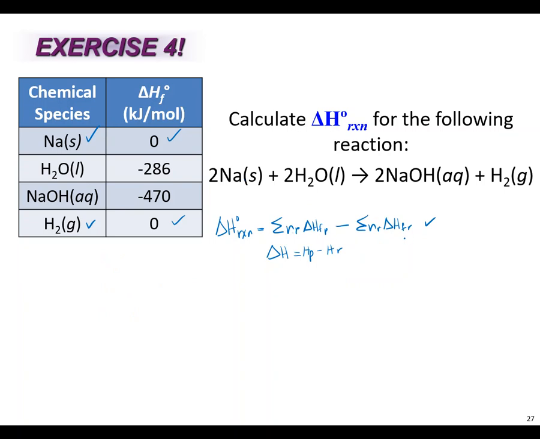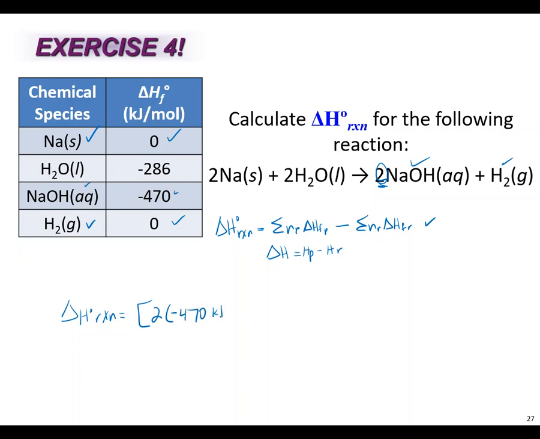Starting with products minus reactants. Okay, so here's our delta H of reaction. I use brackets here because I have two products. My first product has a balanced coefficient of 2 in the equation, so I'm going to multiply that one by 2. Here's sodium hydroxide, it's negative 470.